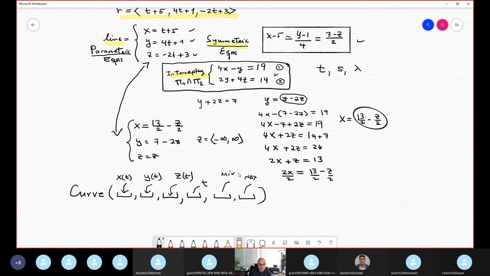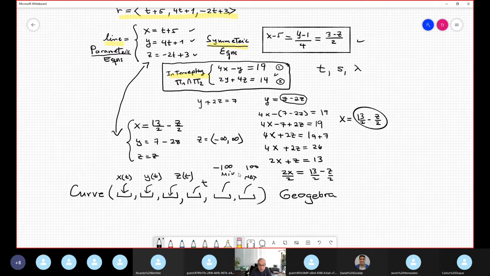Close the parenthesis, press enter, and you see the line. For the minimum and maximum, instead of infinity we suppose negative 100 to positive 100, right? This is the syntax in GeoGebra to define not necessarily a line, any curve.